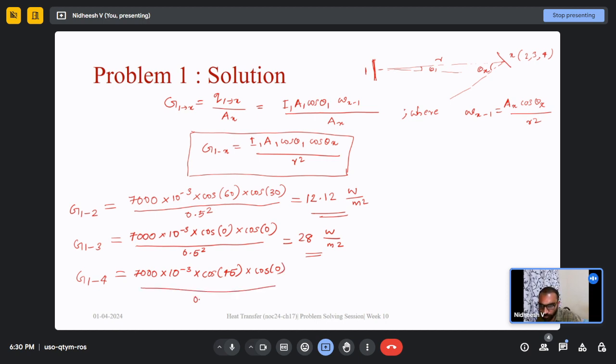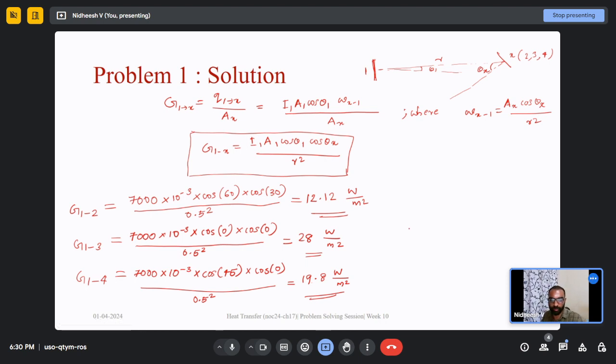R equal to 0.5. If you do this calculation you will get a value of around 19.8 watts per meter square. Okay, I hope this calculation is understood by everyone.